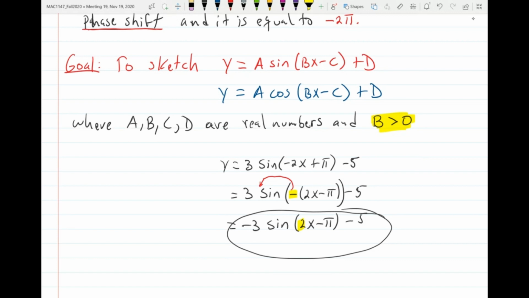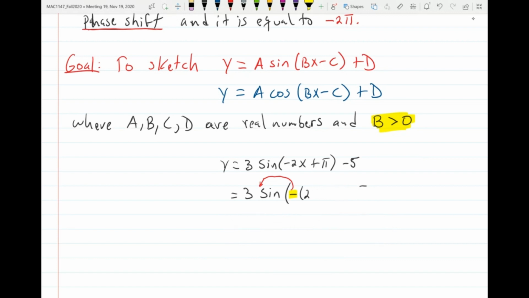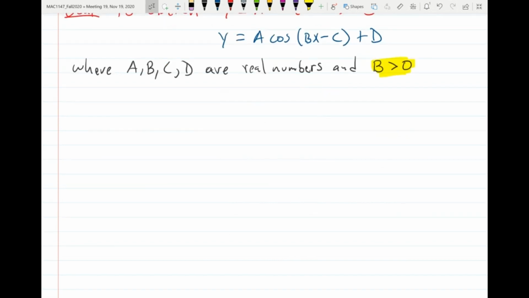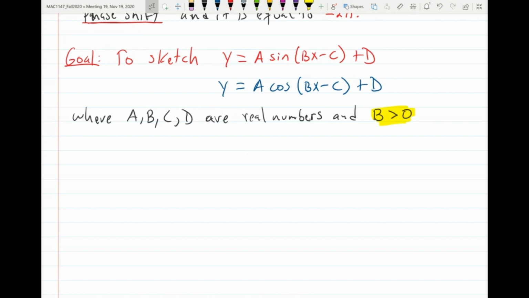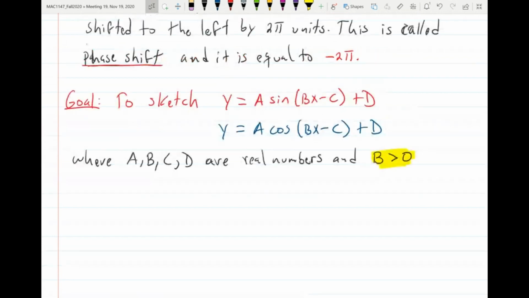Okay, so let's go ahead and figure out the formulas that I'm talking about, and then we're gonna do examples. The first thing that we want to do is figure out the amplitude, the period, the midline and phase shift from this general form. So what do we want?